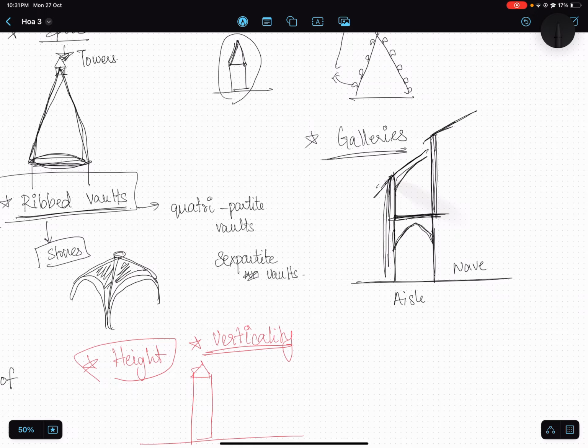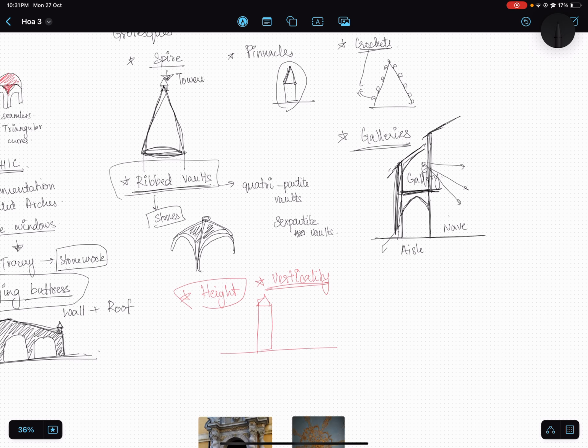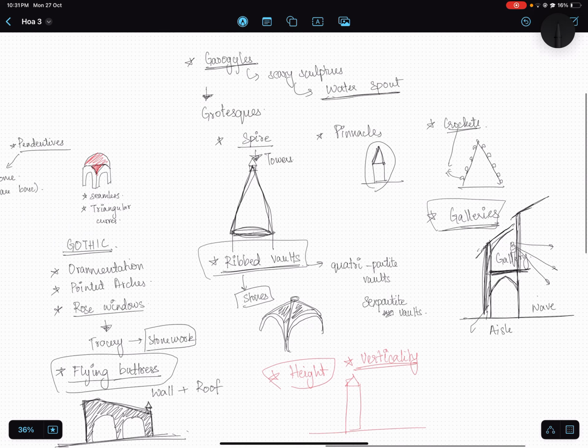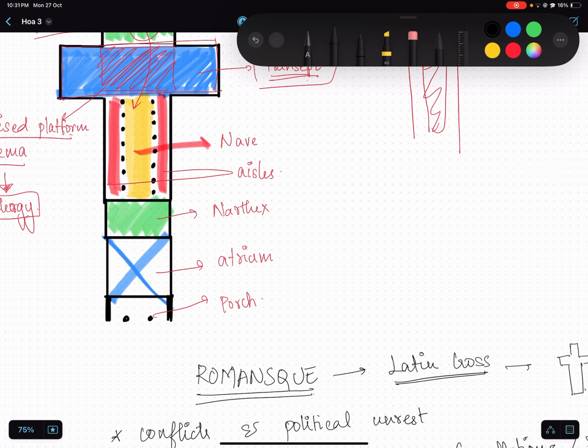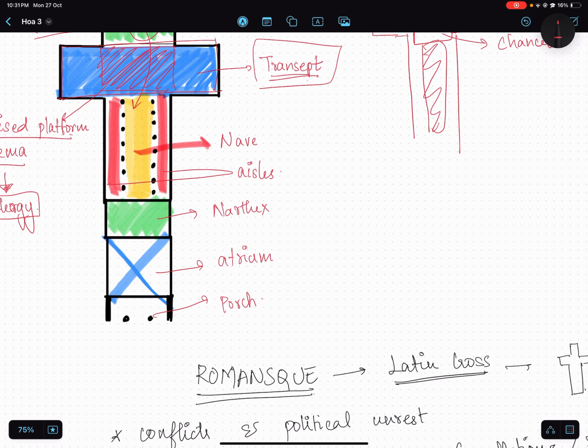And outside it is your flying buttresses and so on. But this space that overlooks the nave is called your gallery. People can stand here and look down. So they had galleries, and I think even some of the Romanesque churches had galleries, I'm not sure about that. And so what they did is they had a staircase leading up to the galleries here.